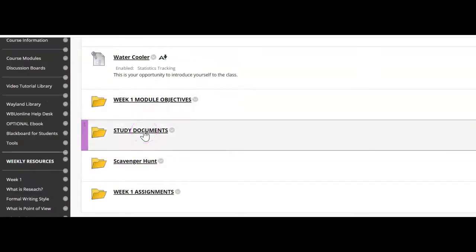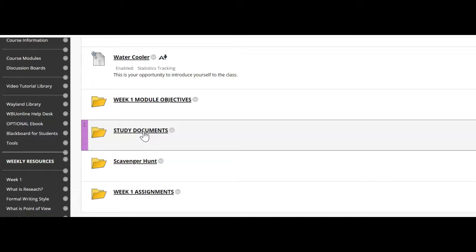Next are the study documents. These study documents aren't random content that I put in there because I needed to practice my typing skills. These are all in there because I'm taking you on this journey where my ultimate goal is to prove to you how brilliant you are and that you can be and will be a wonderful writer.